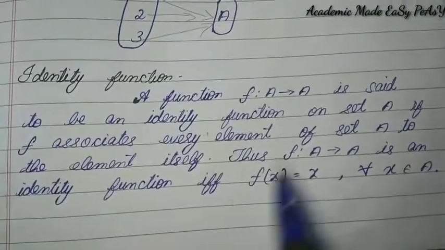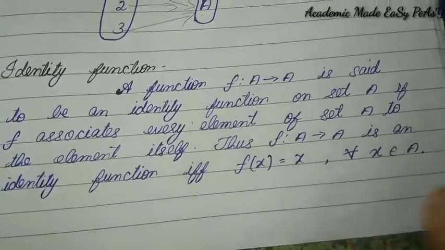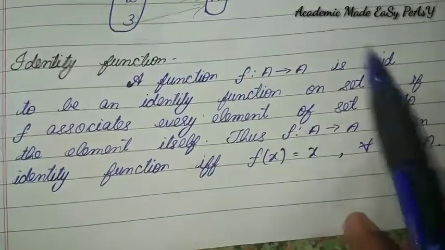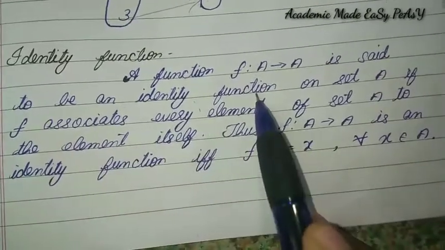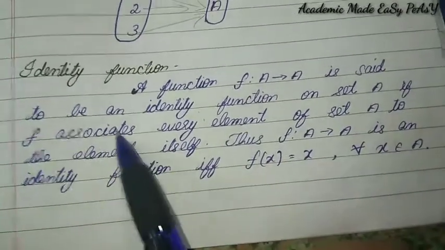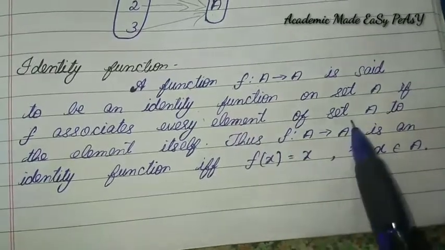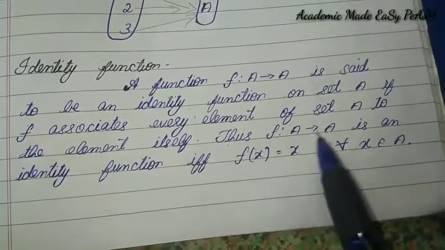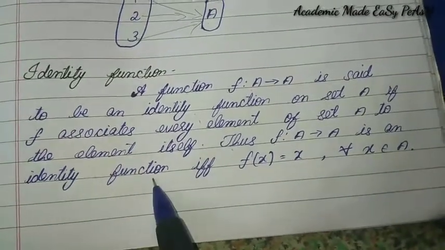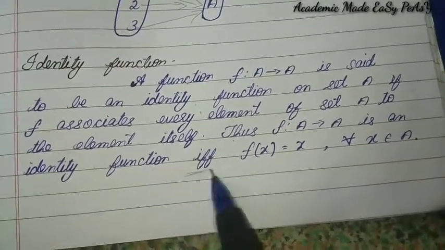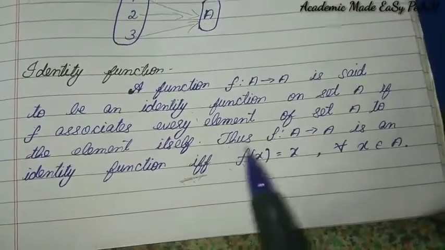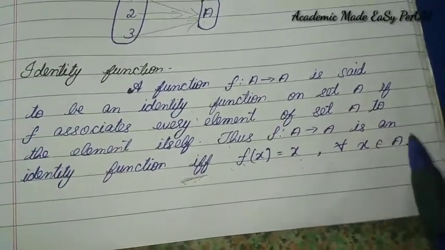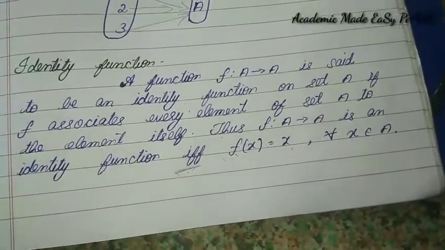Then identity function. Identity means what? Looking similar. A function f from A to A is said to be an identity function on set A if f associates every element of set A to the element itself. Thus, f from A to A is an identity function if and only if f of x is equal to x for every x belonging to A. So let me give you an example.